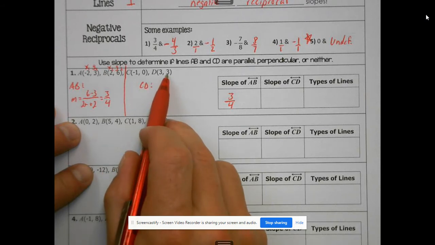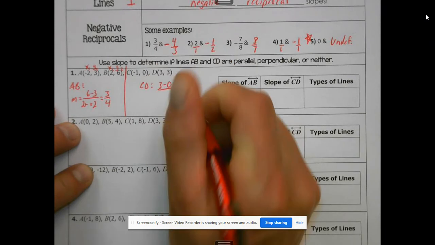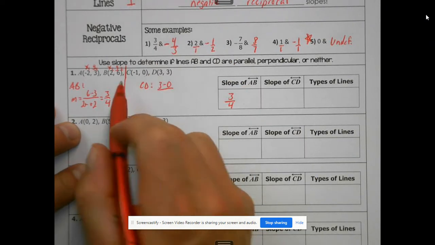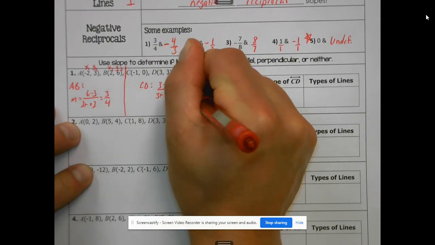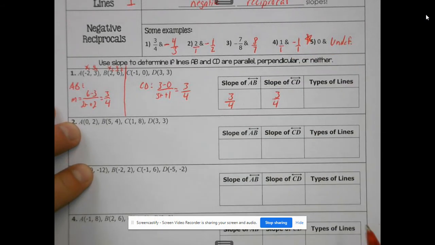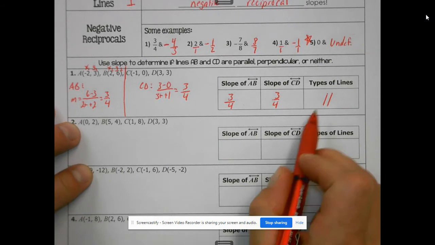For CD, Y2 minus Y1, 3 minus 0, over X2 minus X1, 3 minus a negative 1, plus plus. Up top, I have a 3. Bottom, I have a 4. Slope of CD is also 3/4, so that means these lines are parallel. That's your symbol for parallel, remember.